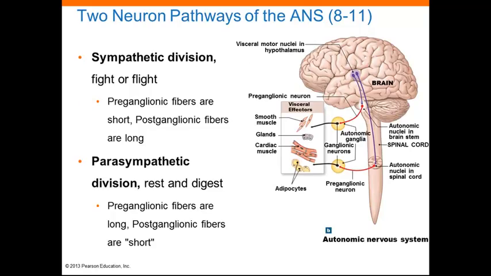And as I wanted to talk about in the previous slide, there are two divisions of the autonomic nervous system: the sympathetic division and the parasympathetic division. So I got a little ahead of myself on the previous slide. Sorry about that. But in the sympathetic division, preganglionic fibers are short and postganglionic fibers are very long.